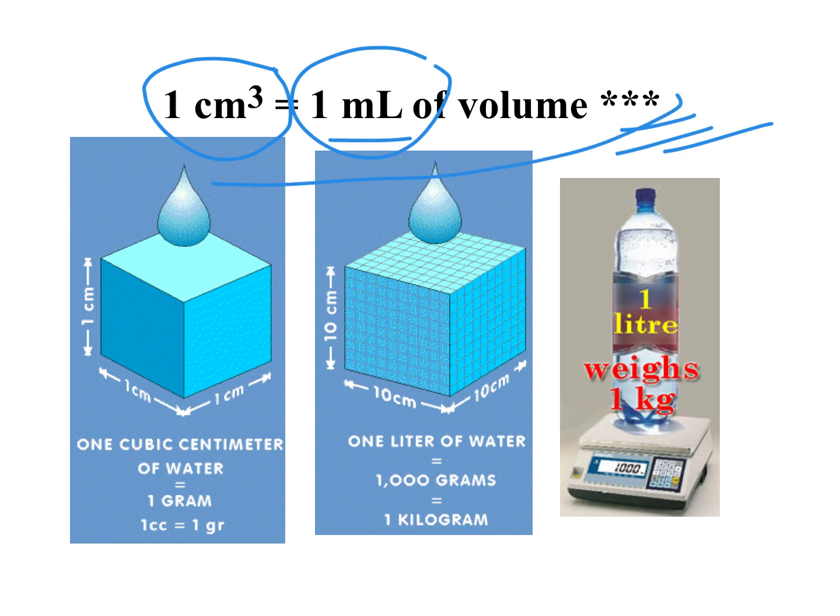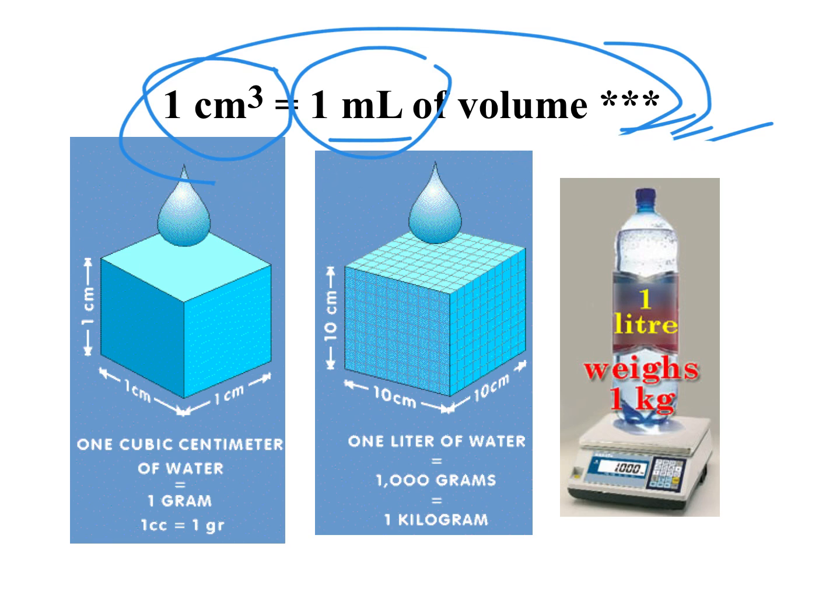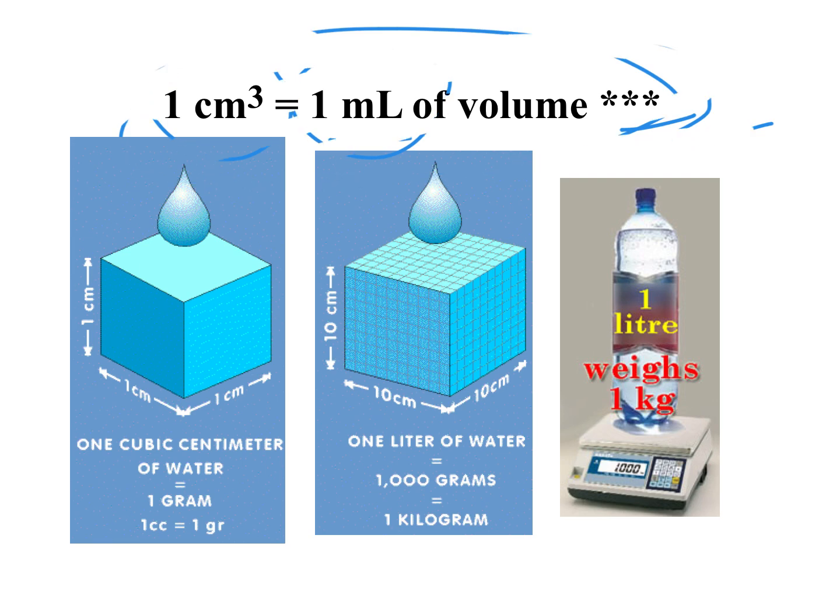So put this in your notes. 1 centimeter cubed is 1 milliliter. Put that in your notes somewhere where it will be obvious to see and find again. Same thing.